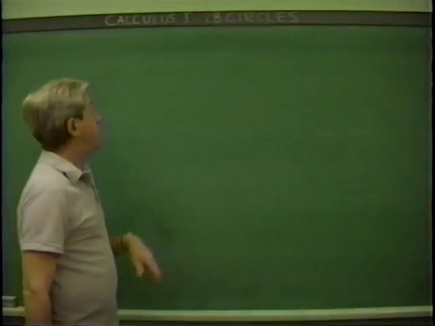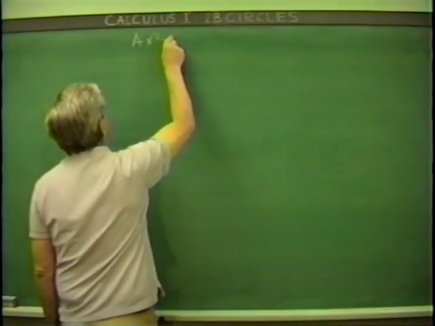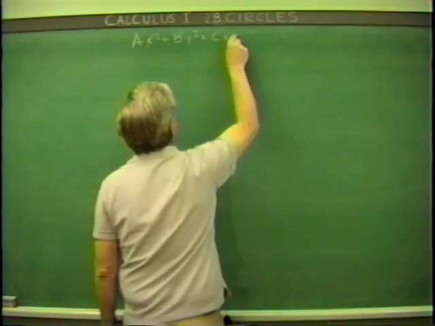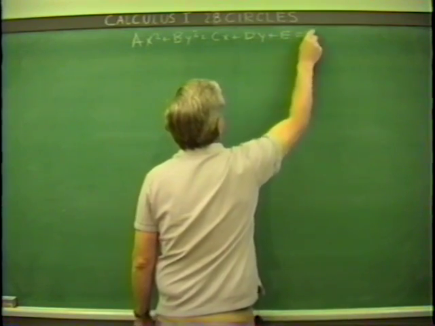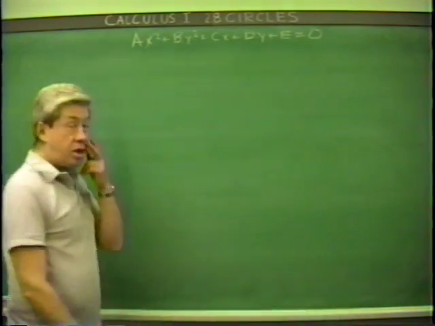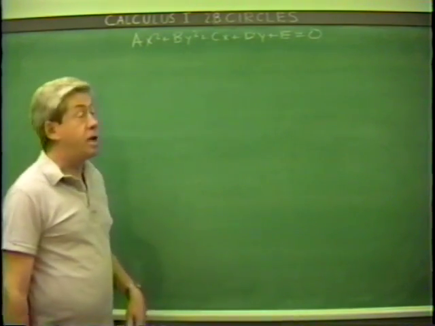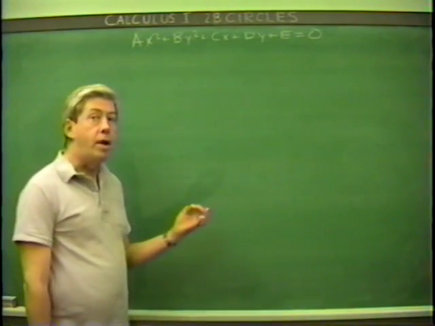Right, we now wish to examine equations that look like ax squared plus by squared plus cx plus dy plus e equals 0. Such equations will have for their graph, that's to say the points x, y that satisfy the equation, either a circle or a point or nothing.